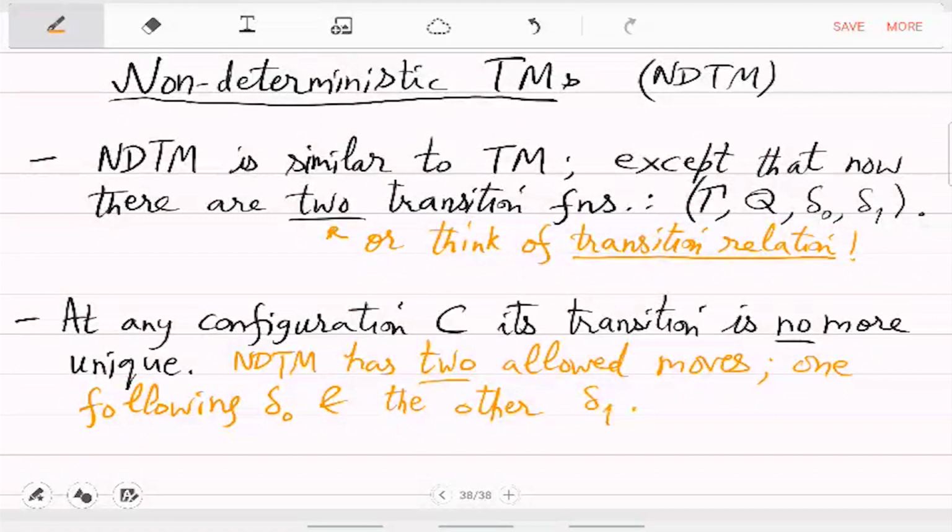The Turing machine can take any path. There are two paths, and we will only make a statement about what happens at the end of the computation. So this is a more fuzzy computational model. That's why it's called non-deterministic. The steps are not determined, like we defined in a Turing machine.